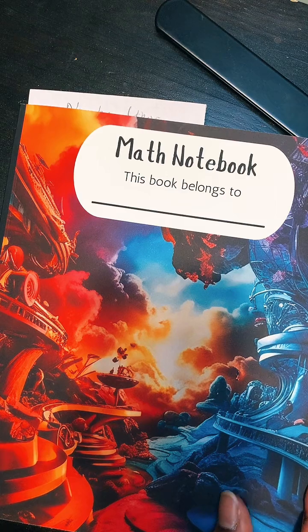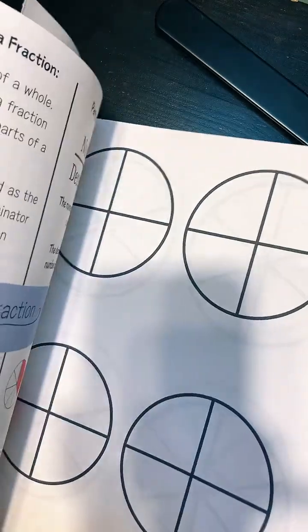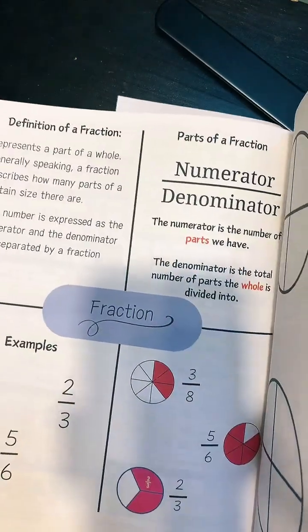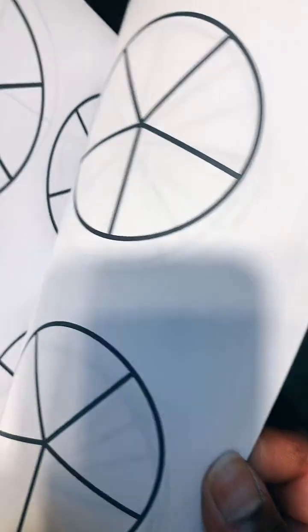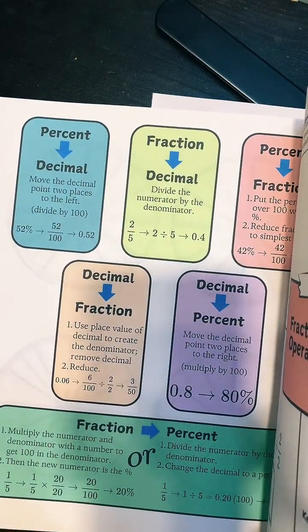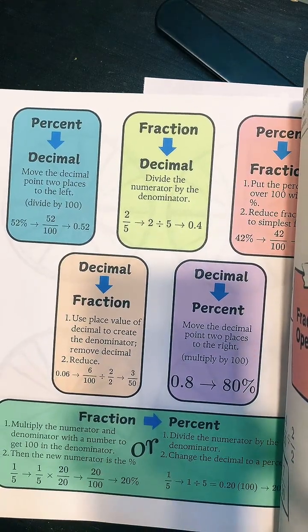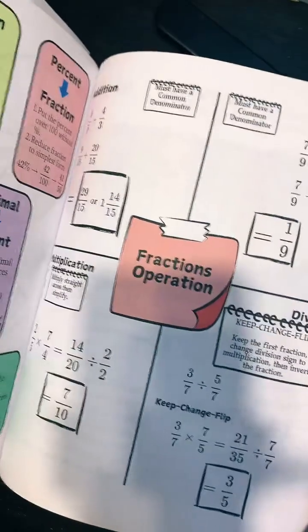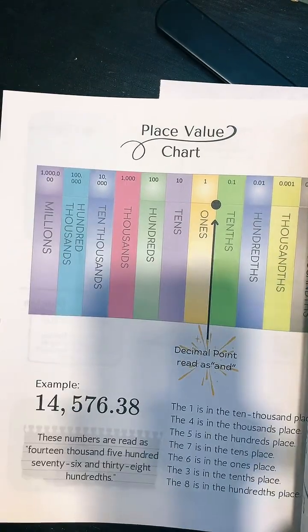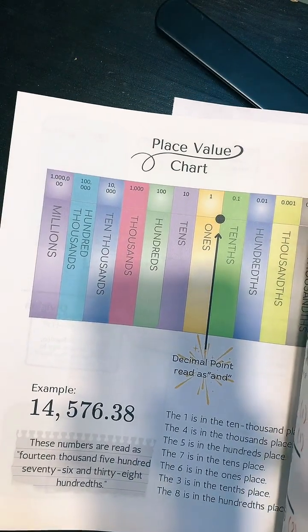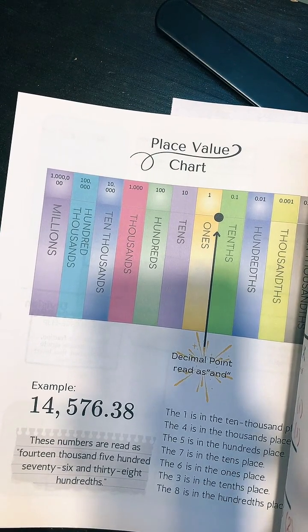Oh, thank you. So same support that I give for my older kids, talk about fractions a little bit. And then also fractions, decimals and percentages, like how to go back and forth, fraction operations, place values. Notice everything is in color. I wanted to do that.